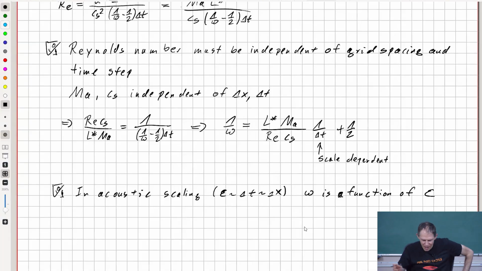And funny enough, this is by very senior mathematicians often simply ignored in the literature. So I have to point this out.